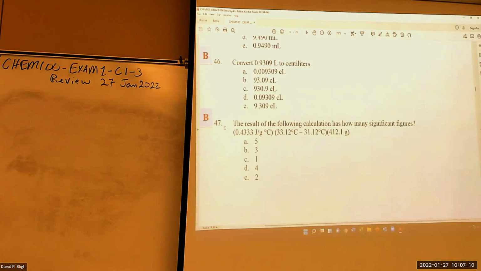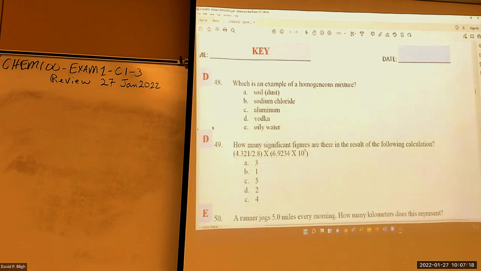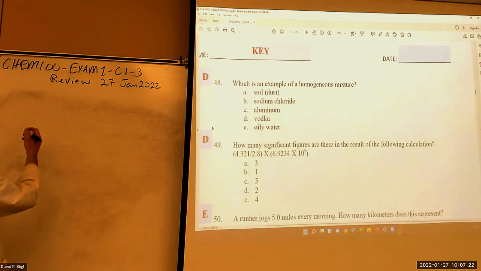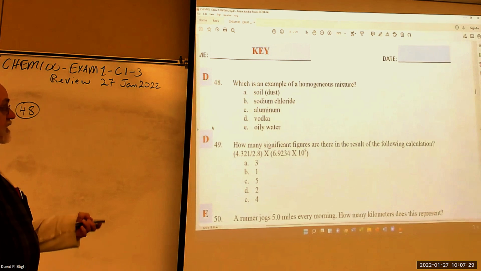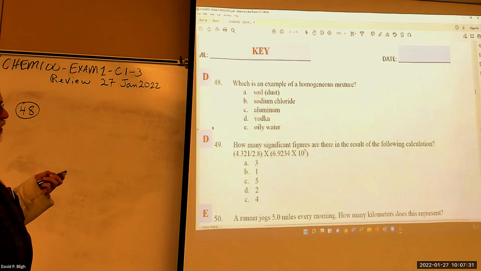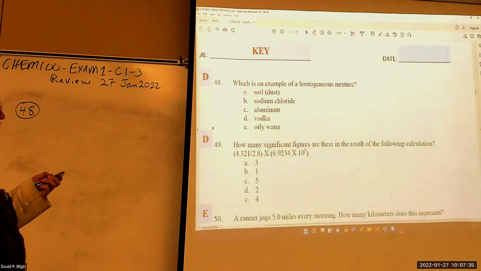Page 48. Ooh, have to scroll this one. 48. Which is an example of a homogeneous mixture? Well, let's see. Soil and dust, they're all different particle sizes, so we know they're not homogeneous.